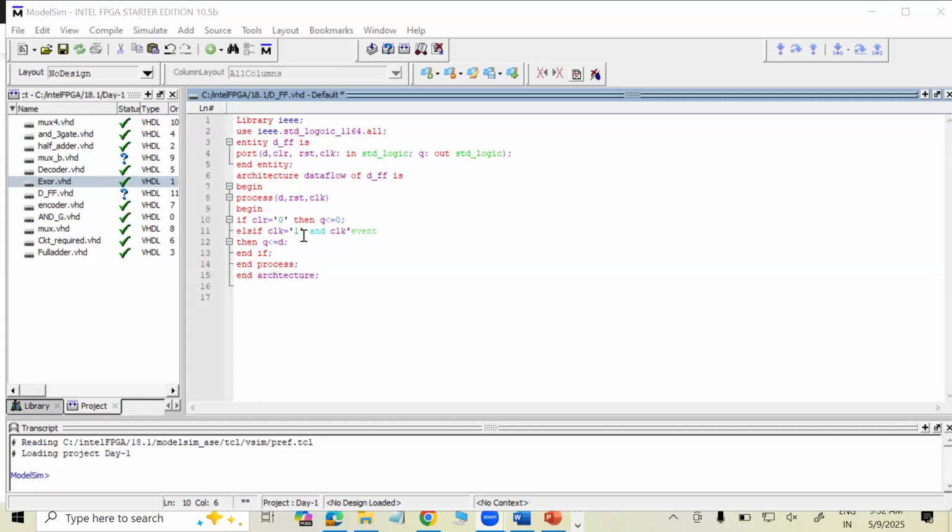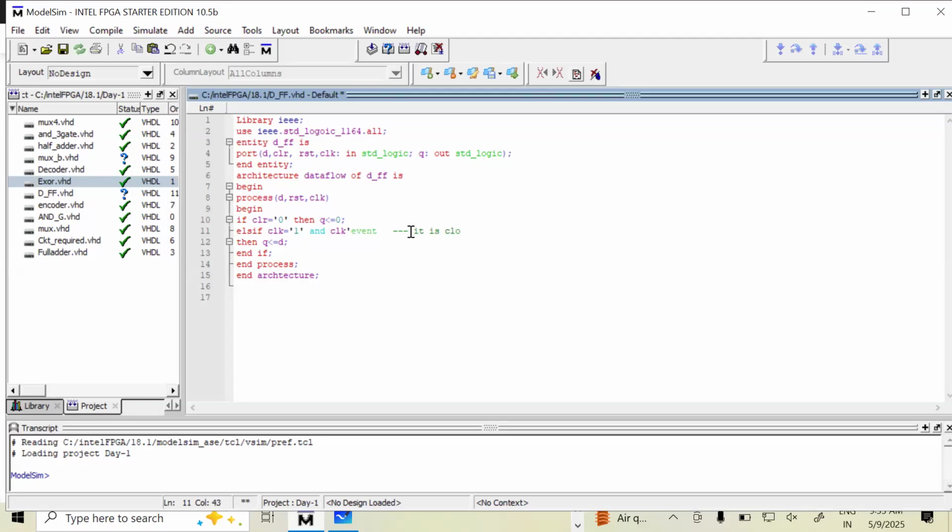Means when clock is accepted, basically through this statement here, using two underscores, you can write a comment. If clock event, then it means it is negative edge triggered.